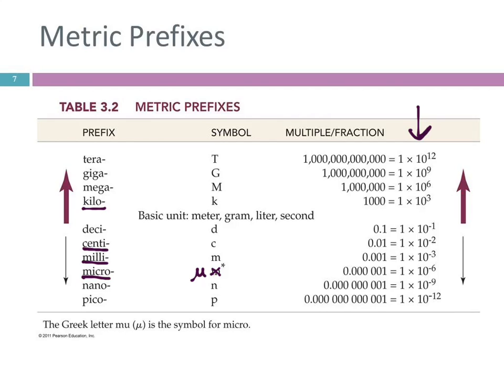There are other metric prefixes in between many of these, but we don't encounter them very much, so they didn't put them in the table. But the ones that I underlined, you definitely need to memorize. You should just know that kilo means 10 to the 3rd, and micro means 10 to the -6. We're going to be using them a lot, so hopefully that will help you to remember them.